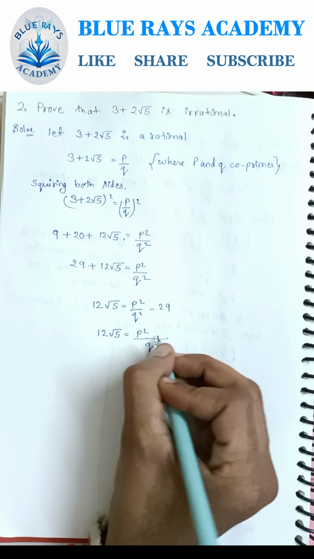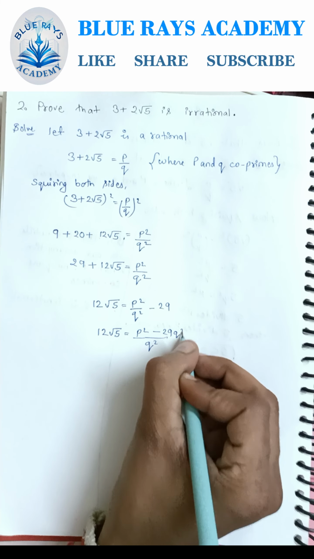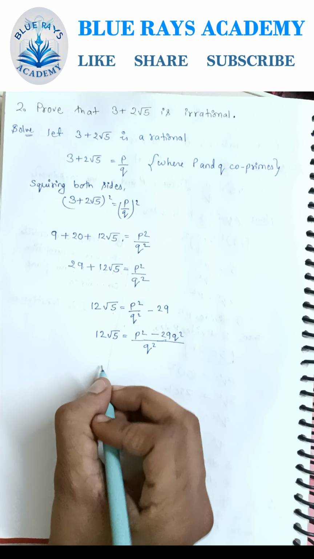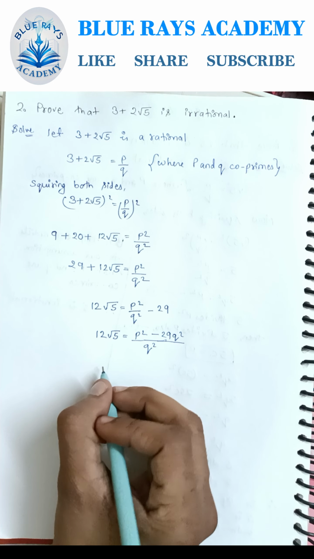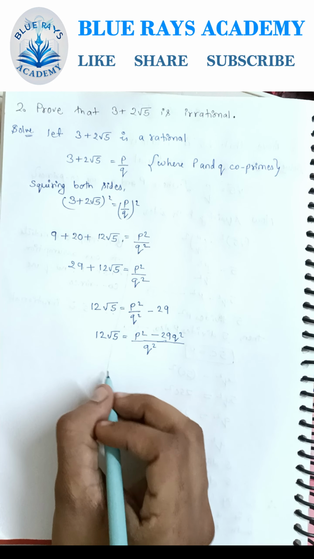We'll take the LCM as q square and multiply q square with 29. Now this is 12 root 5, where multiplied, we will put it down by dividing it.